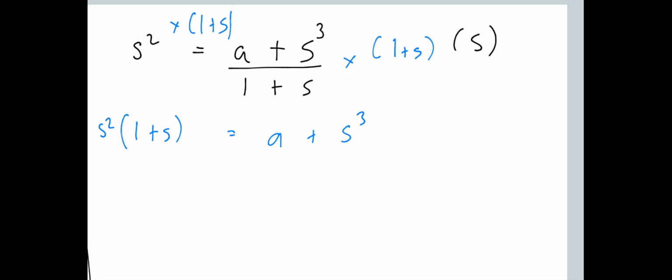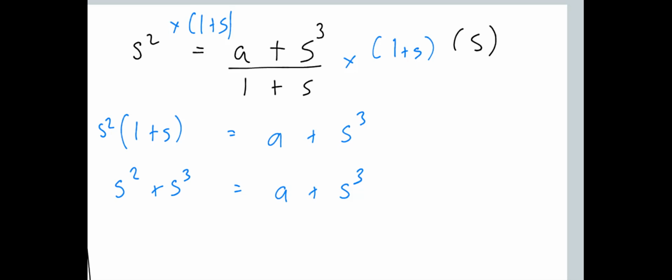This is like year 8 with a smattering of year 9 expansions. And we know that the thing outside the bracket gets multiplied through to everything inside the bracket. And so we have s squared plus s cubed is equal to a plus s cubed, like so. So s squared times 1 is s squared. And then if I multiply s squared by s, I just raise the index by 1.